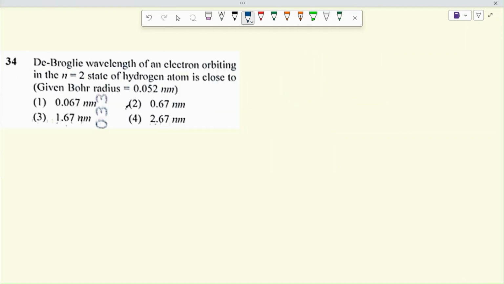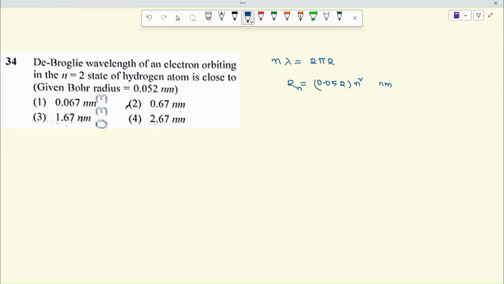34. De Broglie wavelength of an electron orbiting in the n equal to 2 state of hydrogen atom is closest to. We know n lambda is equal to the length of the orbit, that is 2 pi r, and the radius of nth orbit is nothing but 0.052 nanometers into n square. According to the question, r naught is given.